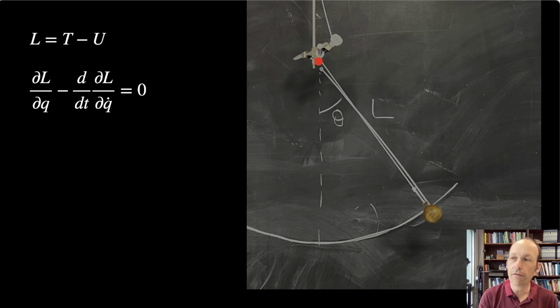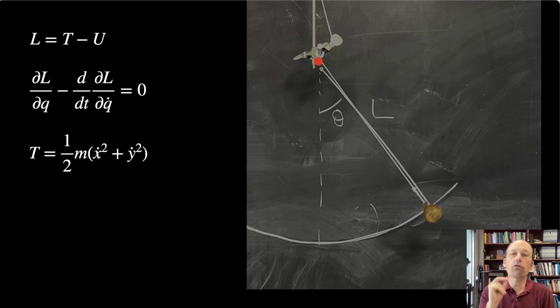Okay, but we do have a problem here, because how do you write kinetic energy in terms of theta dot? It's not trivial. I mean, you could probably guess it, but sometimes later you can't guess it. I can write down the kinetic energy in Cartesian coordinates. It's just 1/2 mass times velocity x squared plus velocity y squared.